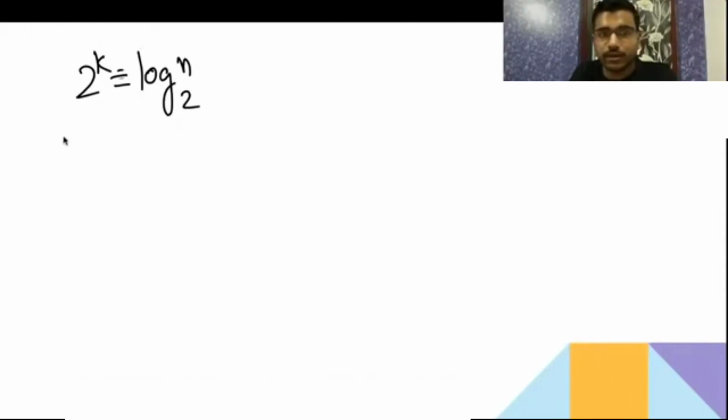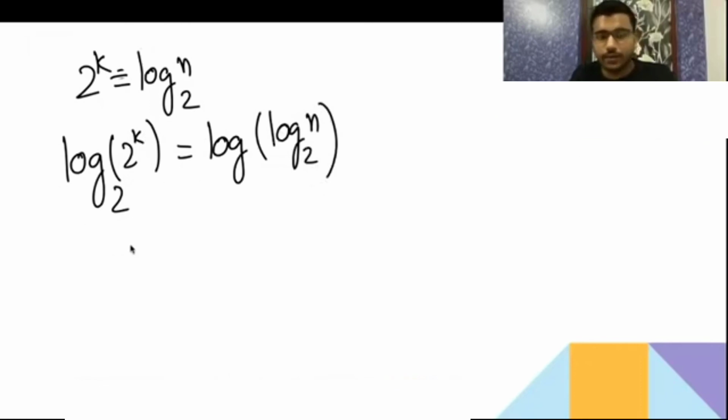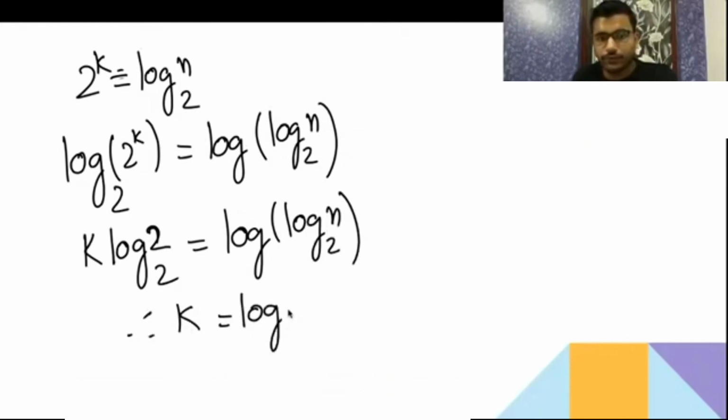Now again take log on both sides base 2, log of log n base 2. Now this k, since it is in the power, the power term will come outside. Then it will be log of log n. So k is going to be log of log n base 2.